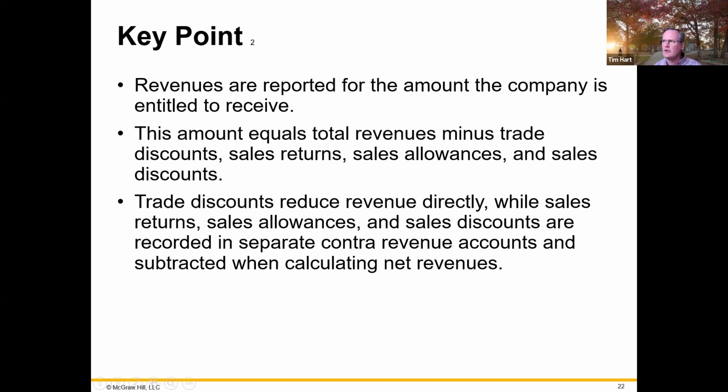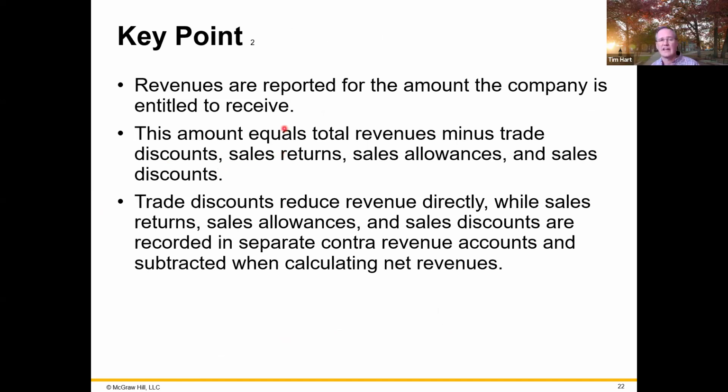So a key point here with the revenue accounts, you want to report the revenue that they're entitled to receive. Again, this is not just for internal purposes, but for publicly traded companies, for a bunch of external stakeholders, for banks and creditors, they want to know how much revenue are you actually generating?